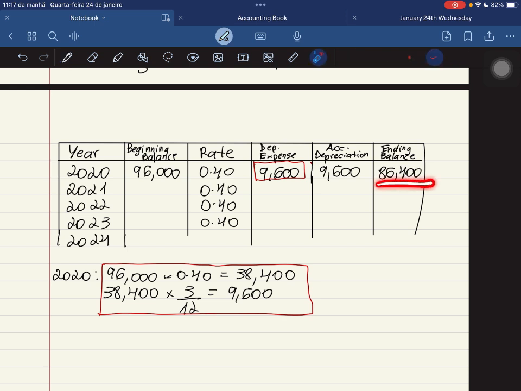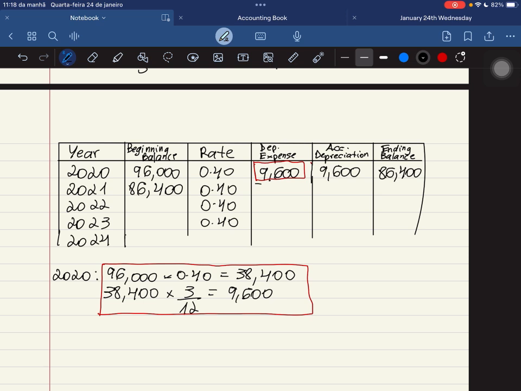The ending balance of the year 2020 is the beginning balance of the year 2021, right? Because this is the value that is on your statement at the end of the year 2020. So that means that on January 1st, this is going to be the value that will be present on your beginning balance. Okay, now multiply that by 40%.